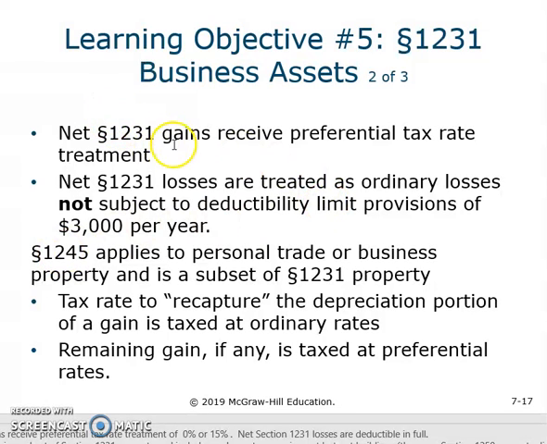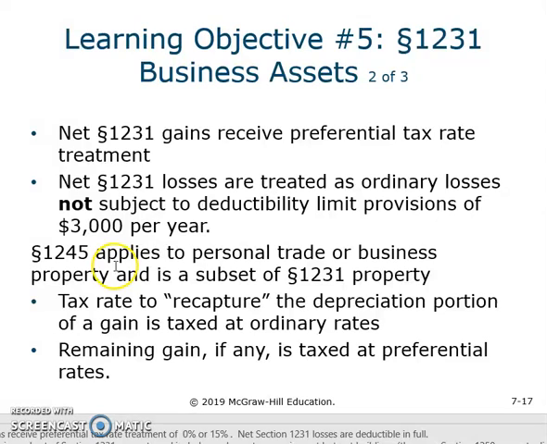So our net 1231 gains are going to receive preferential tax rate treatment as long-term gains. Net 1231 losses are going to be treated as ordinary losses, but they are not subject to the deductibility limitations of $3,000 per year that individuals are subject to.